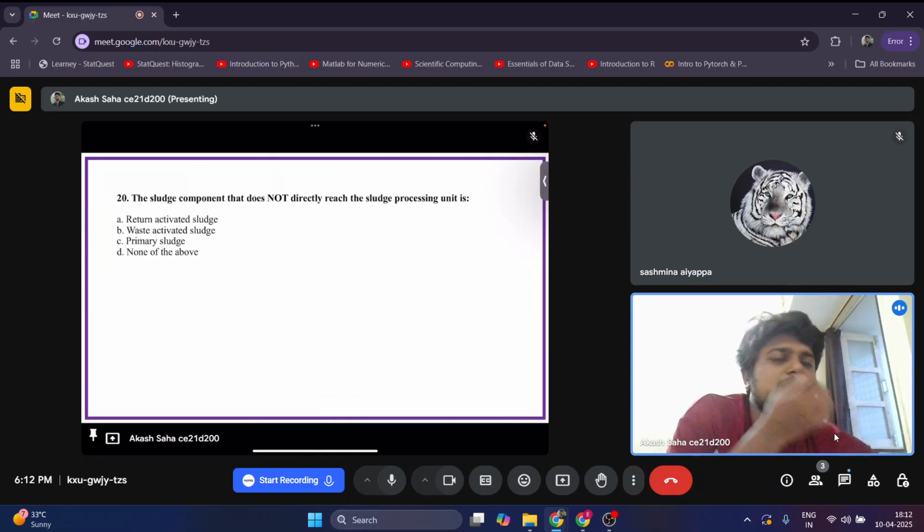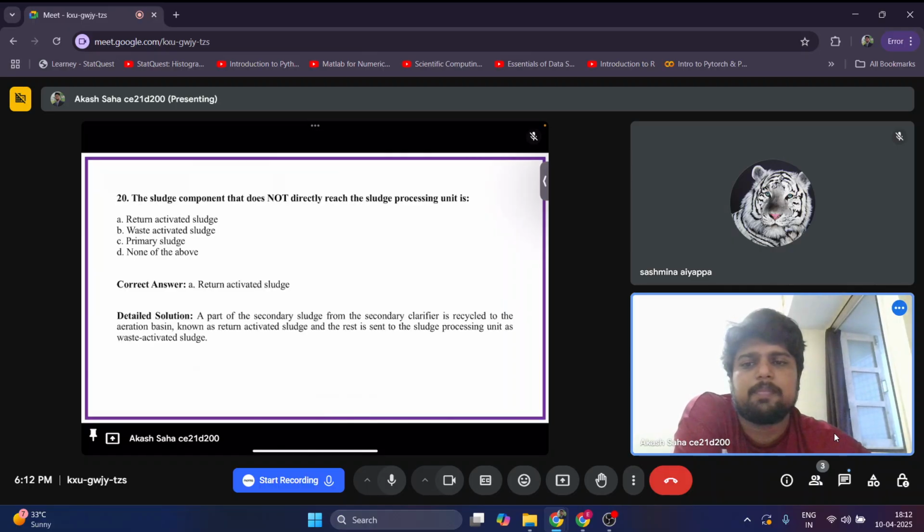So return activated sludge does not go to the sludge processing unit. So the correct answer is A. A part of secondary sludge from the secondary clarifier is recycled to the aeration basin, known as the return activated sludge, and the rest is sent to the sludge processing unit, known as the waste activated sludge.